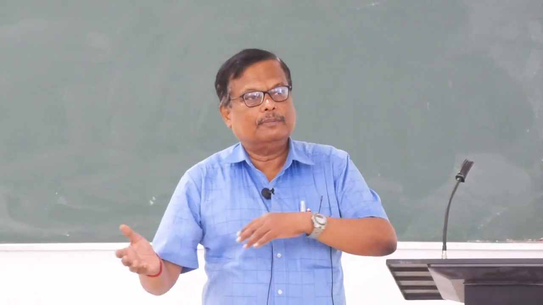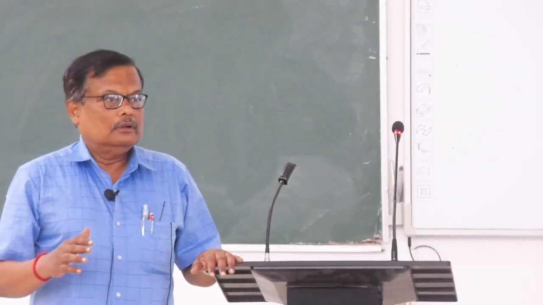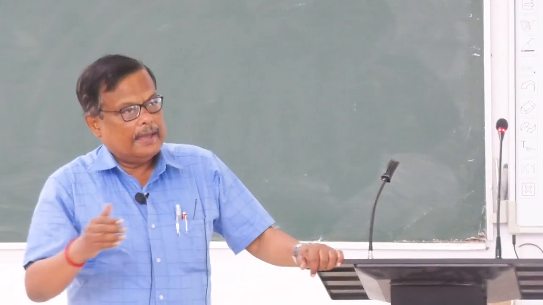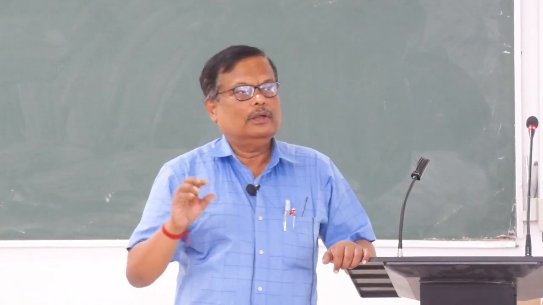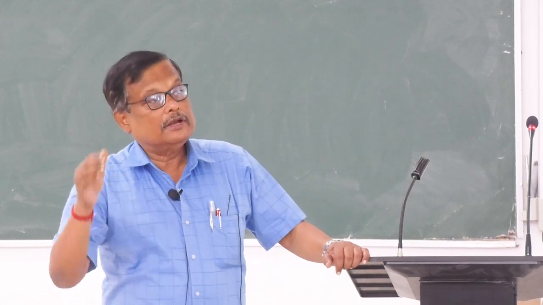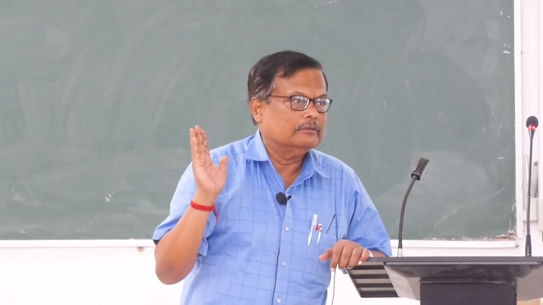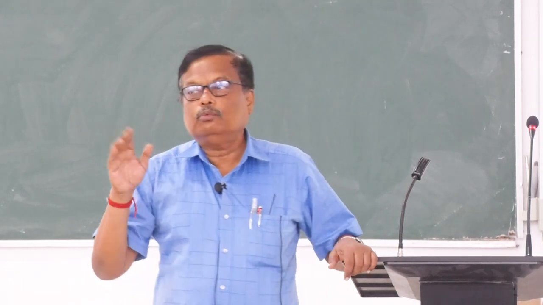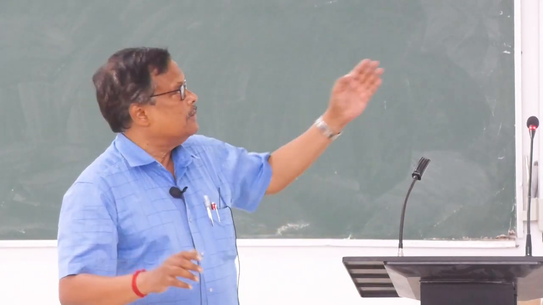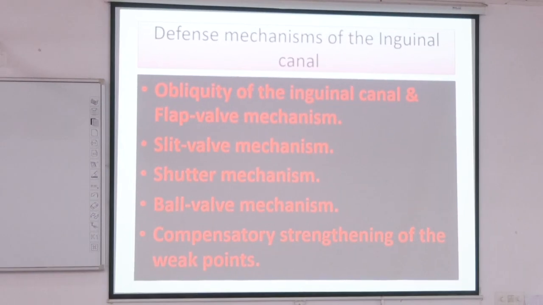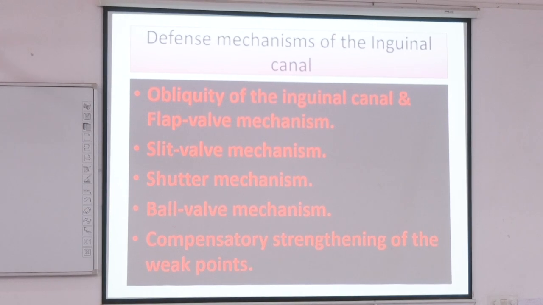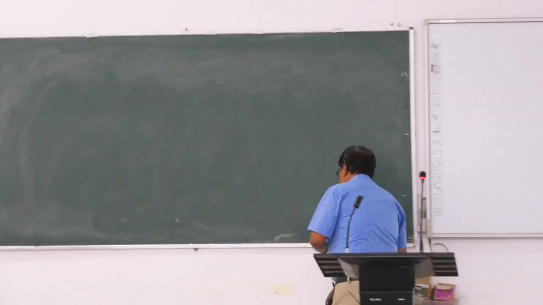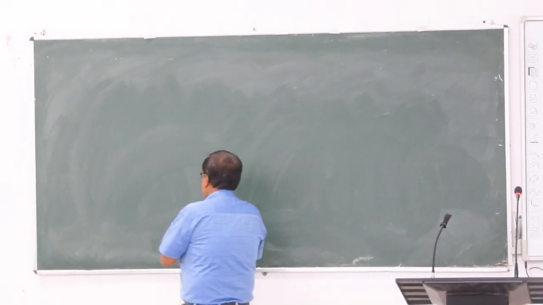Normally there is a deficiency, a canal, there is an aperture, the superficial inguinal ring, the deep inguinal ring, so there is every chance of developing inguinal hernia. But why are we not developing it? Because of the presence of the defense mechanism of the inguinal canal. What is the defense mechanism of the inguinal canal?